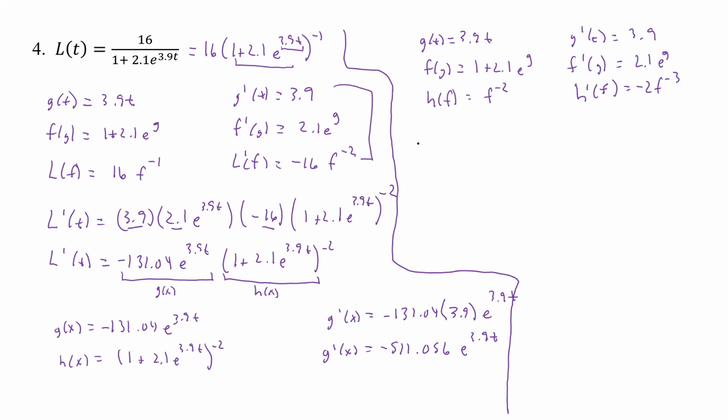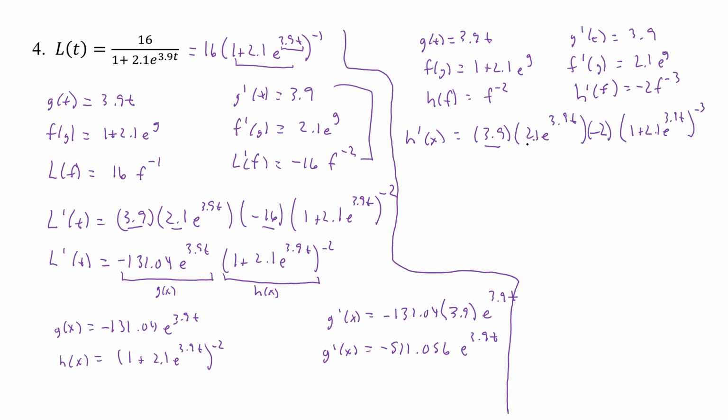So h prime of x, which is what we're looking for here, is equal to 3.9 times 2.1 e to the 3.9t, times the negative 2, times our 1 plus 2.1 e to the 3.9t to the negative 3.